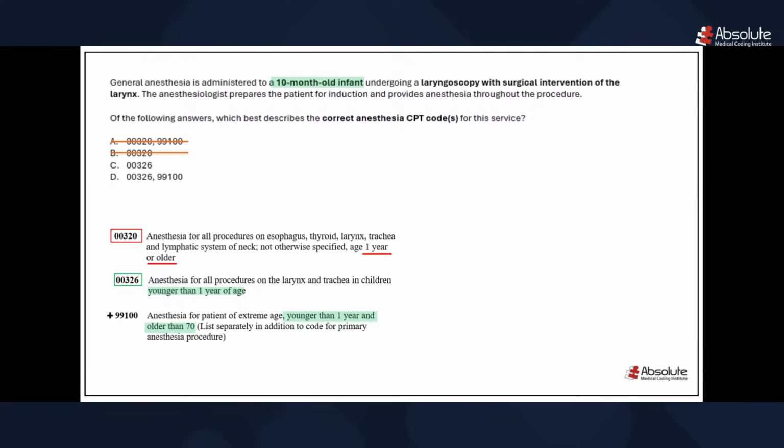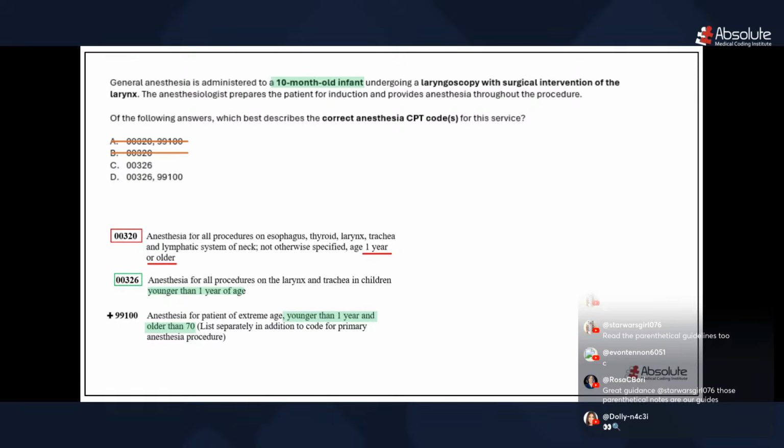And yes, I can see one of our coders has already mentioned in the chat: read your parenthetical guideline too. I know that I haven't placed the parenthetical guideline here. Coders, do you want to change the answers? If you want to change the answers, go ahead. Change it now.